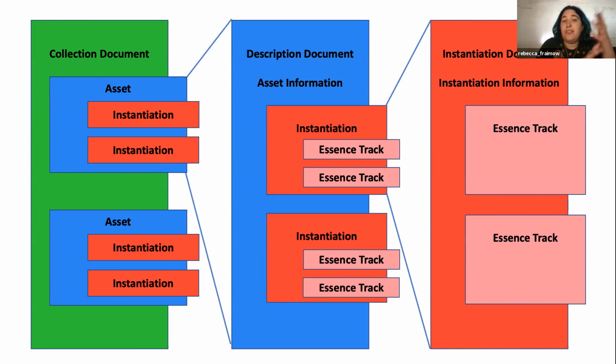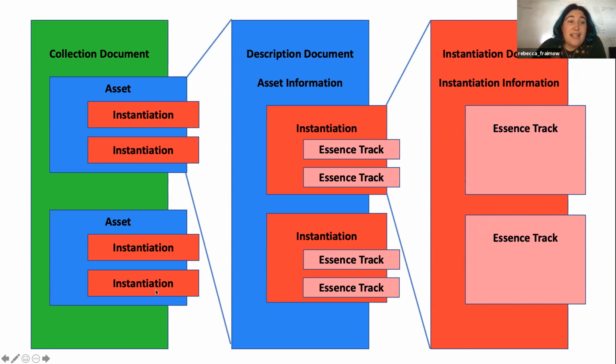In this case, both the 35mm film track and the magnetic track that plays along with it would be essence tracks of one instantiation because they're intended to be played together. But one of those things is a reel of 35mm film, and one of those is a reel of magnetic audio, and those things have different technical characteristics that you'd still want to describe using different elements of the essence track.